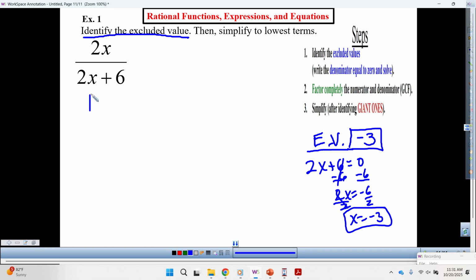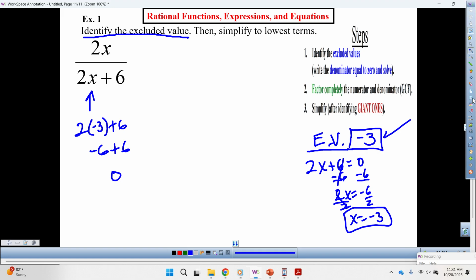Check this out. If I was to substitute negative 3 here, don't write this down. Let me just show you. 2 times negative 3 plus 6. What is 2 times negative 3? Negative 6. What is negative 6 plus 6? Can the denominator be 0? No. According to the definition, we cannot have 0 in the denominator. That's why we cannot include this number whenever we get to the solving part. I'm just giving you this ahead of time.